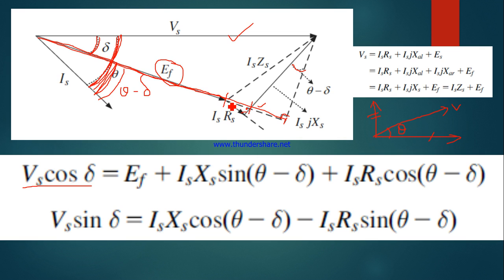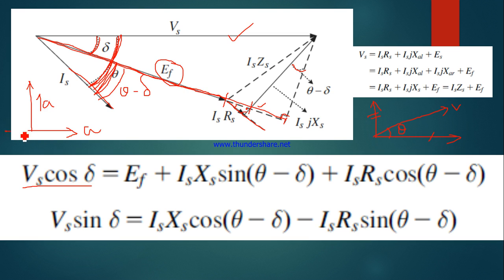So this line is basically parallel to the stator current. Basically it is the stator current, and when it is multiplied by J, any quantity, say this is my real plane in complex algebra, say this is A. If I multiply A by J, then it will rotate by 90 degrees. So this is JA.